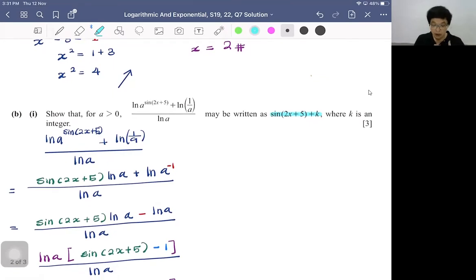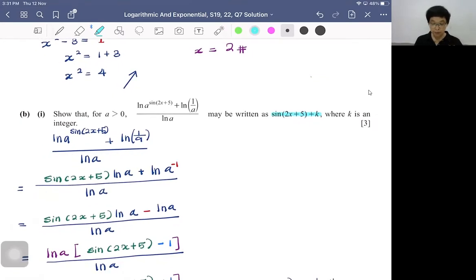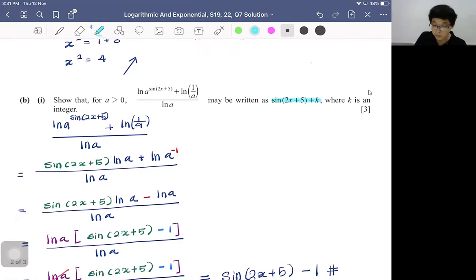Without panicking, we just keep our heart chill and cool, recalling all the basic fundamental logarithmic rules for our manipulation. That's how we're going to move on.